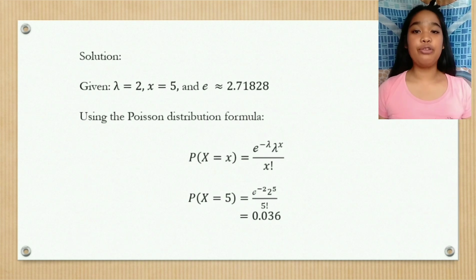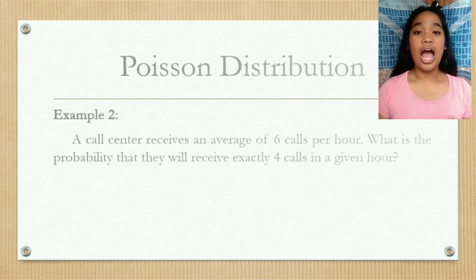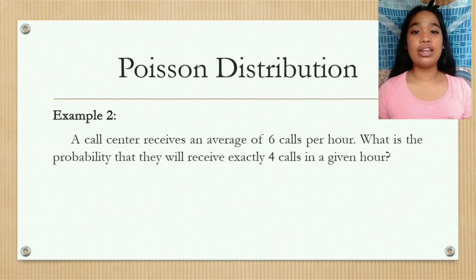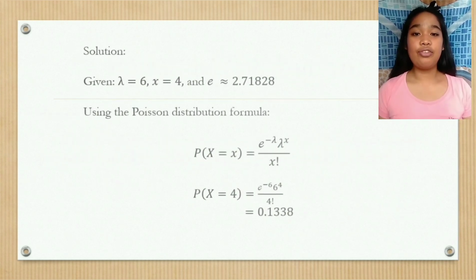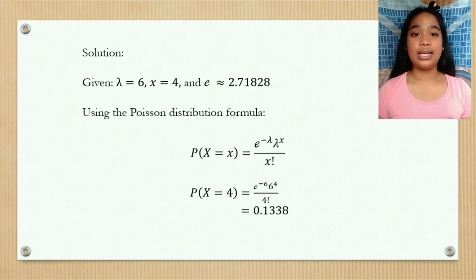Another example for Poisson distribution. A call center receives an average of 6 calls per hour. What is the probability that they will receive exactly 4 calls in a given hour? Solution. Given that lambda equals 6 and x equals 4, and e is approximately 2.71828.